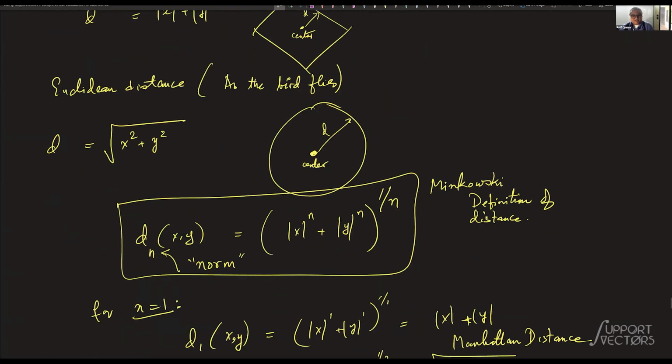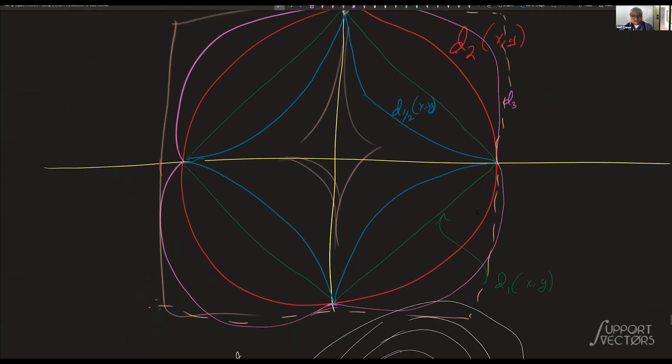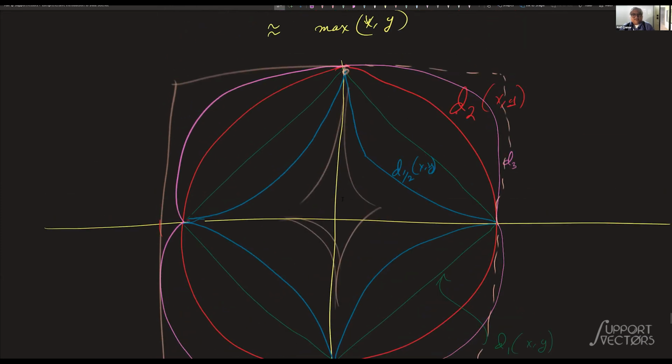It could be a diamond, it could be a square. So for p less than one it is a diamond that becomes concave inside, and then greater than one becomes convex, right? p equal to 2 is a perfect circle, and the extreme limit is infinity. You'll get a square.